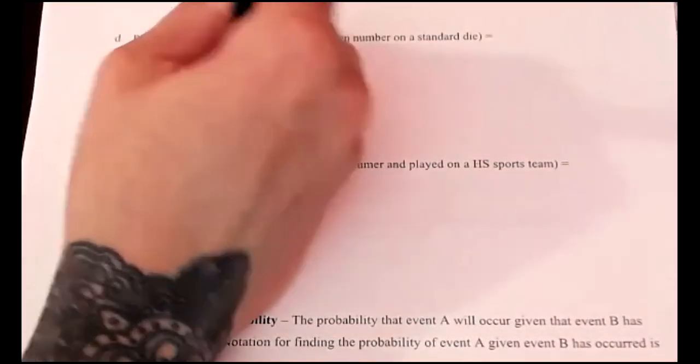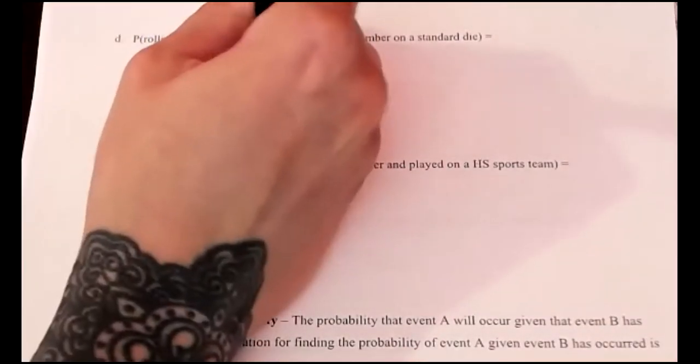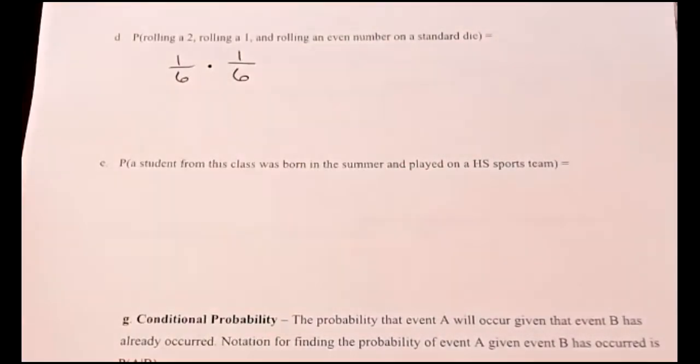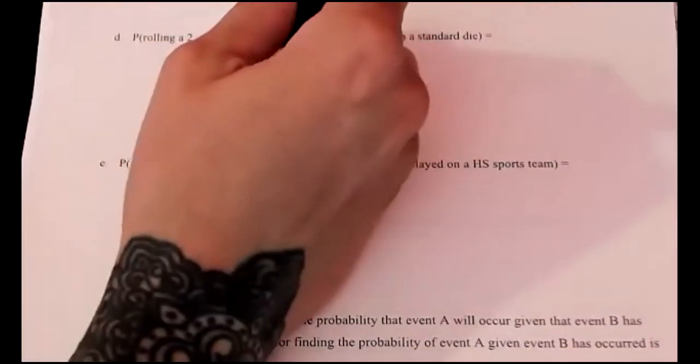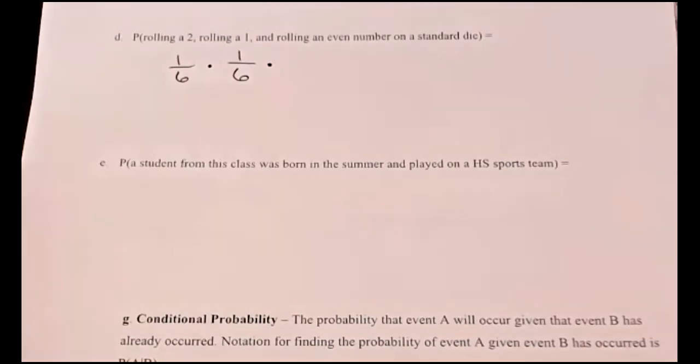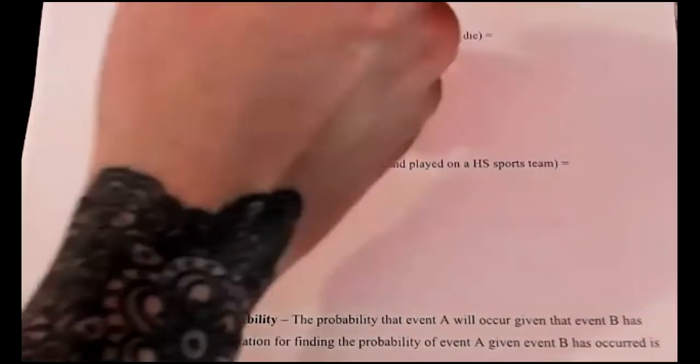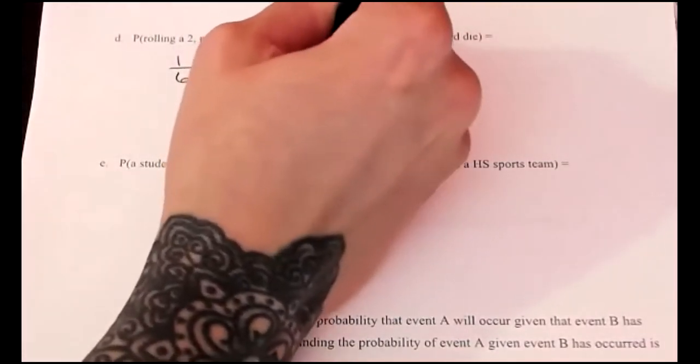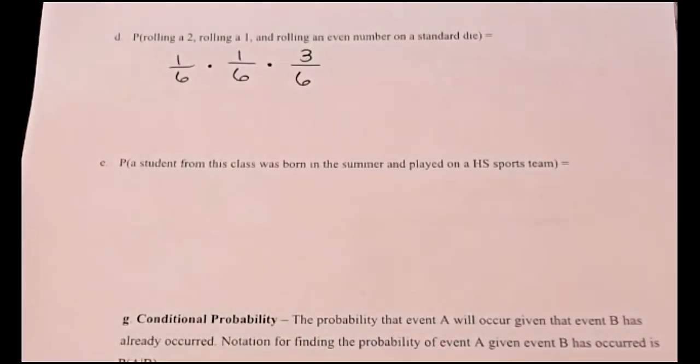The probability that you roll a 1 is 1 out of 6. Again, there's only one outcome of 1 on any die. And then the probability of rolling an even number. Well, there are 3 even numbers on any standard die, so it's going to be 3 outcomes out of the 6. Think of your denominators in each fraction as being your total outcomes.